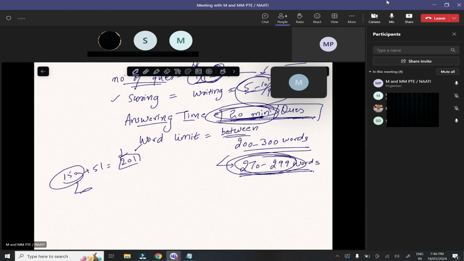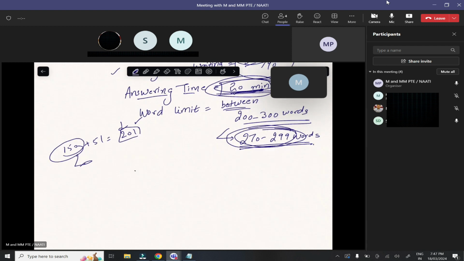Practicing essays every single day is not important, and I would not even recommend you to practice essays every single day. But memorizing the template is something which I would definitely recommend, because once you memorize the template, you're already in the safe zone. I can even give you one back story of the PTE exam: if we go in the exam and just type down the template, just the template, no content at all, you can still get about 2.5 to 3 marks out of 5 just by typing the template.